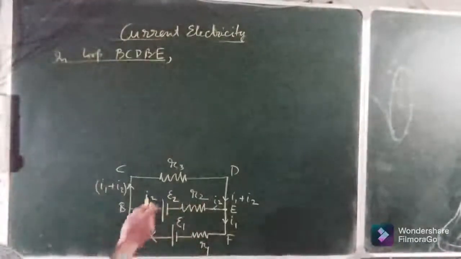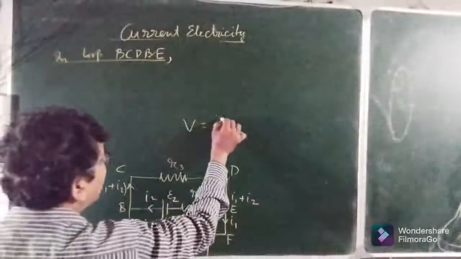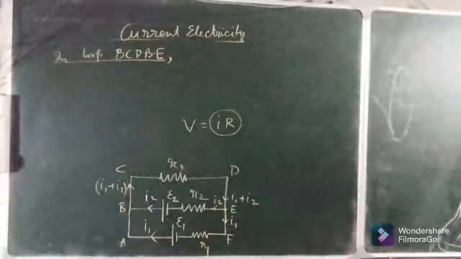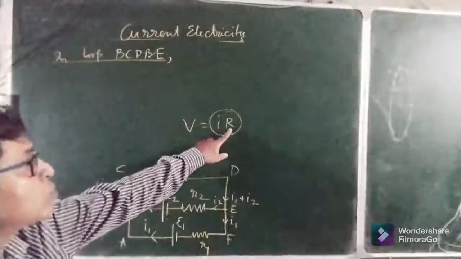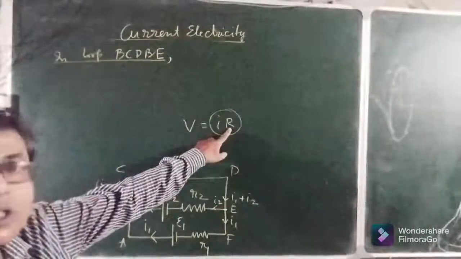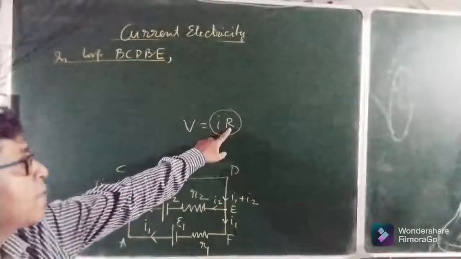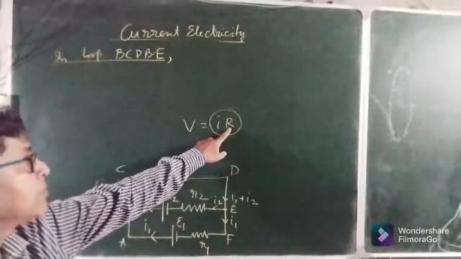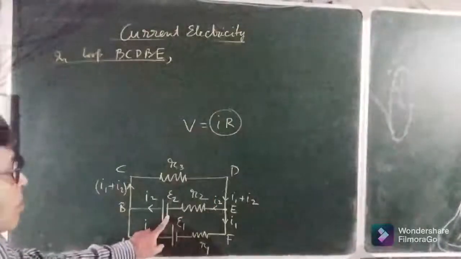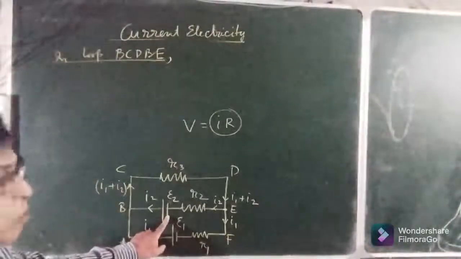Why? Because we know V is equal to IR. That means this is the potential. When this current flows through this resistance, some amount of energy is consumed by this resistance, and that energy is ultimately lost by this source.